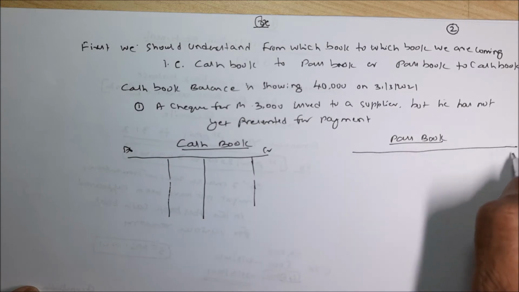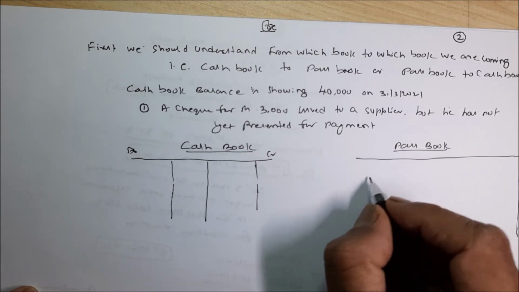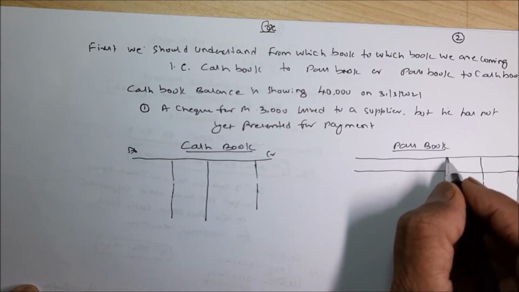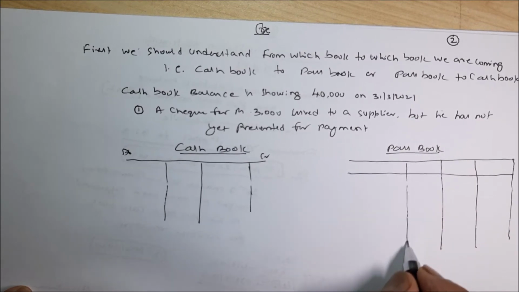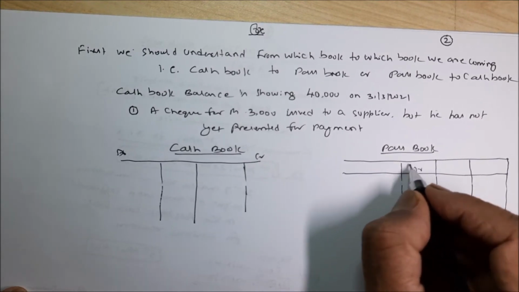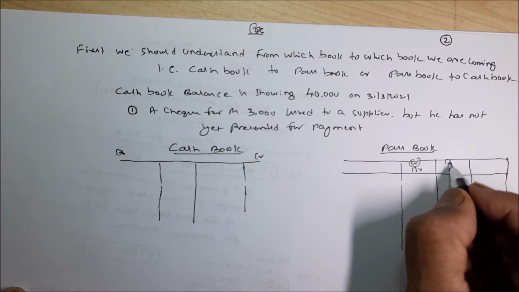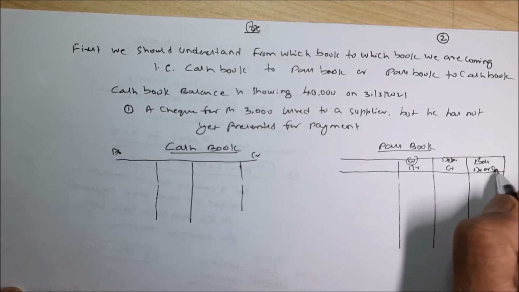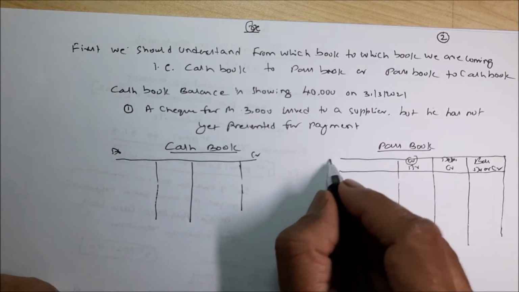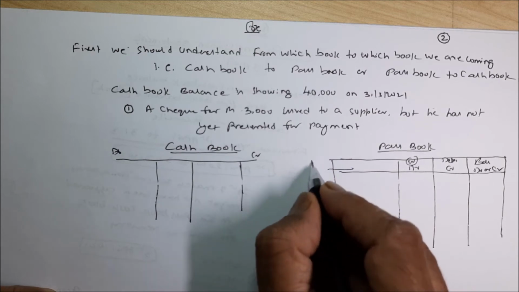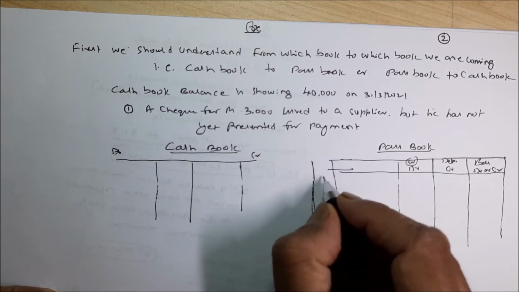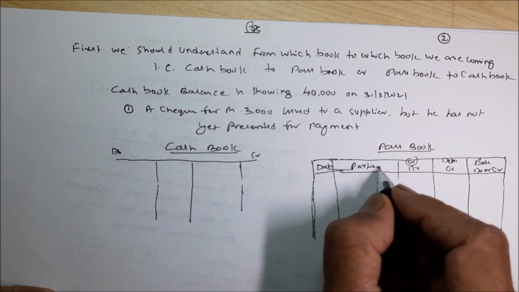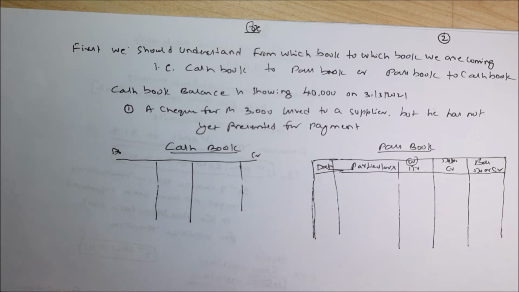And the passbook, I will show you the real passbook: debit is withdrawals, credit is deposits, then the balance, debit or credit. This is the passbook, with the date and then the particulars. I have written the passbook so that you will understand very clearly.